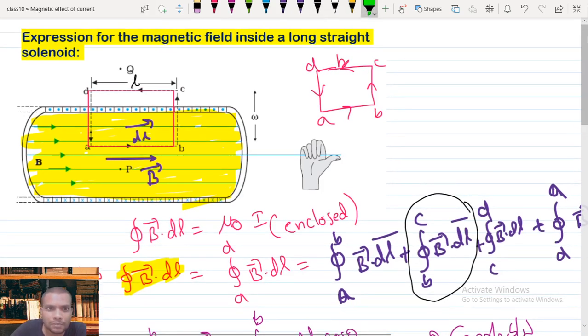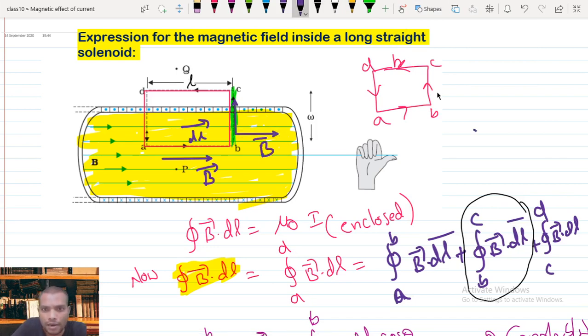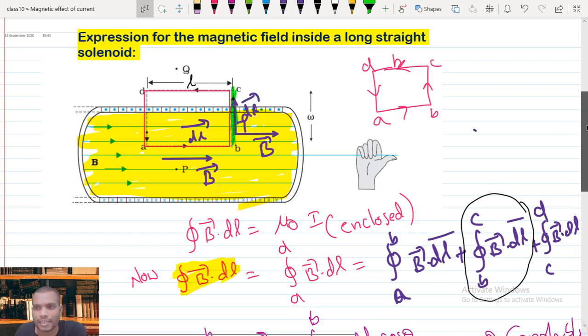In the B to C segment, the elemental length is perpendicular to the magnetic field. So in the diagram, if I draw the elemental length dl with bold ink, this is the elemental length direction, and this is the magnetic field direction. So B bar direction and dl bar direction are both perpendicular, so here I can take the cos 90 value.